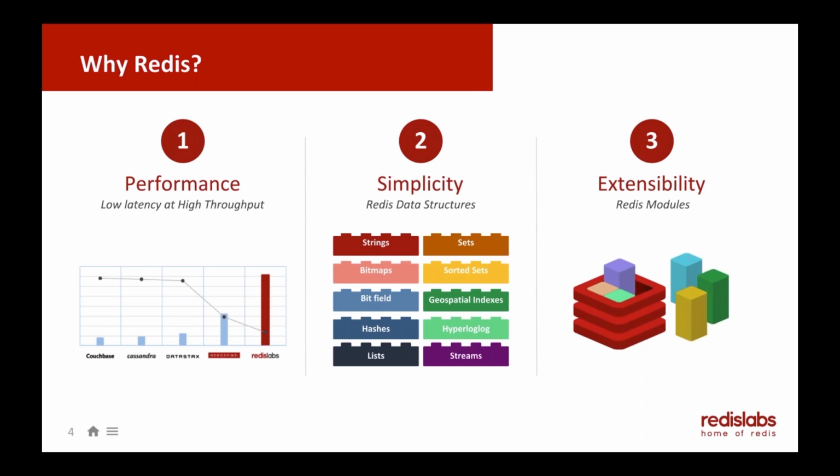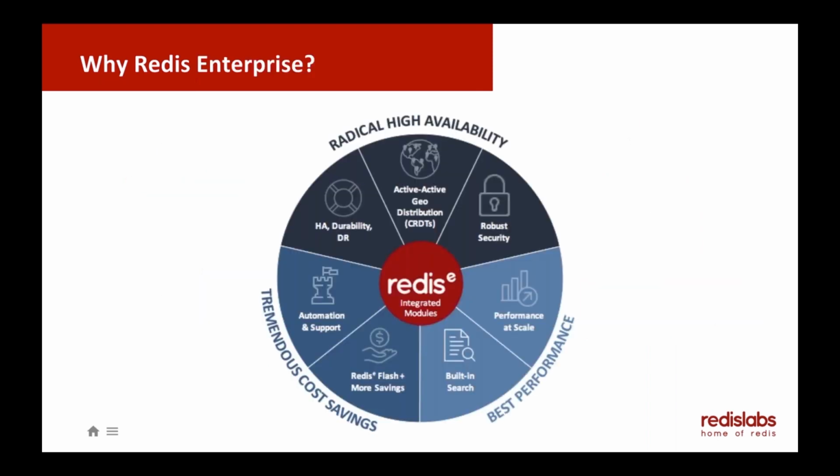We provide modules that extend Redis's capabilities, so you can index the data and query it, or provide full-text search capabilities, enhanced indexing such as Bloom filters, or enhanced JSON processing for native JSON document processing inside the engine.